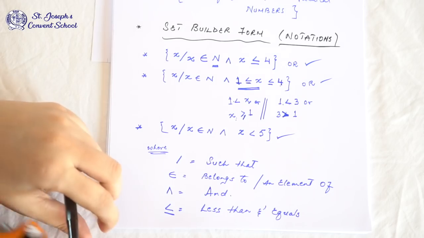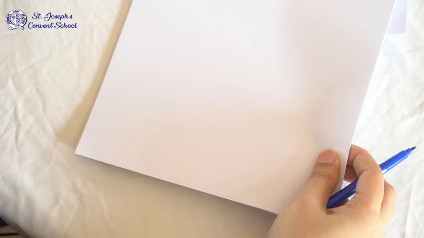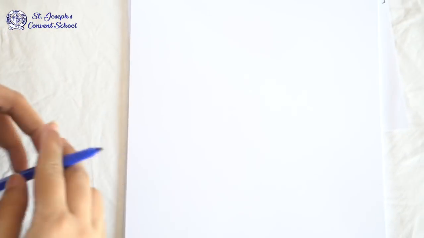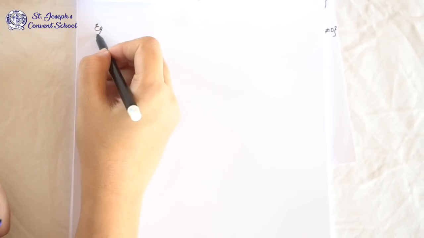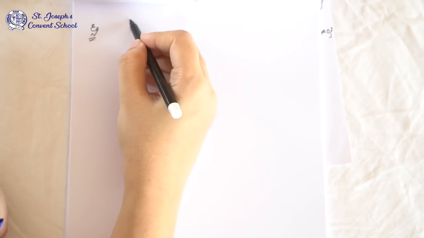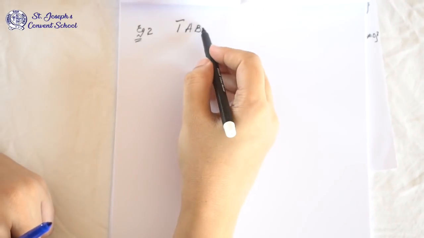I'll give you one more example of this set builder form so that you can understand. Another example I'm going to give you now. Second example, first again I'm going to write the tabular form and then the other forms. Tabular form.